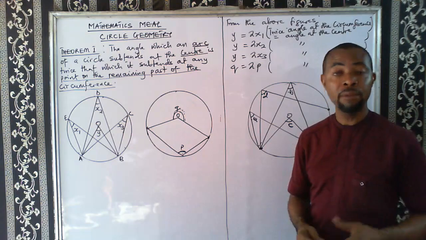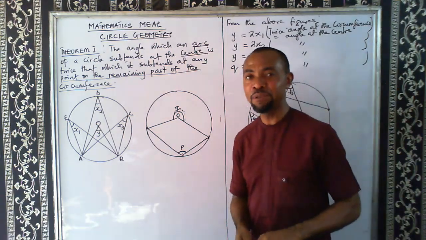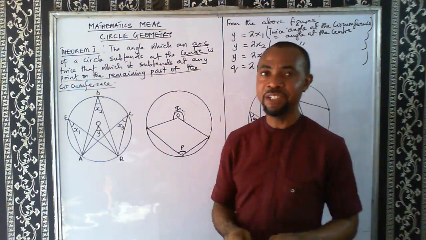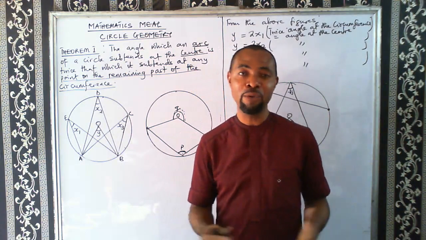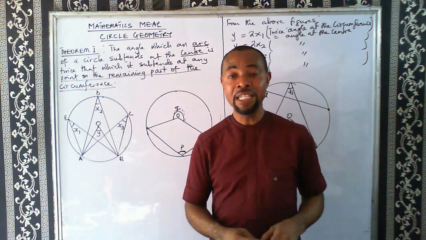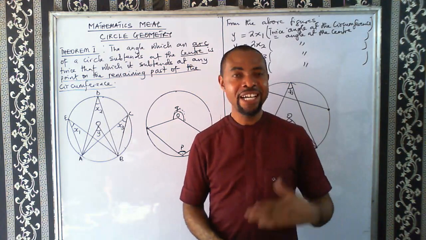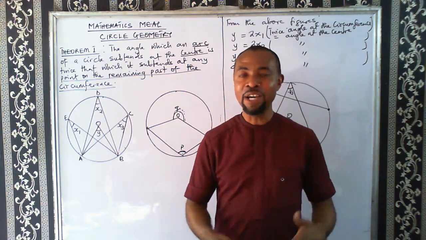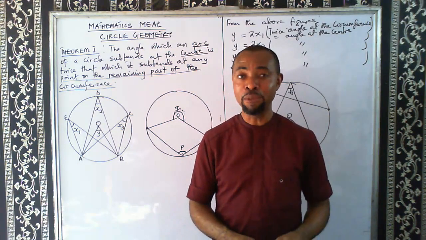There are so many other theorems that we are yet to look at as far as circle theorems are concerned. Yes, I am telling you, so many theorems. We have angles in the same segment are equal. We have angle subtended in a semicircle is a right angle. Opposite angles of a cyclic quadrilateral are supplementary. Then we have the exterior angle of a cyclic quadrilateral is equal to the opposite interior angle.